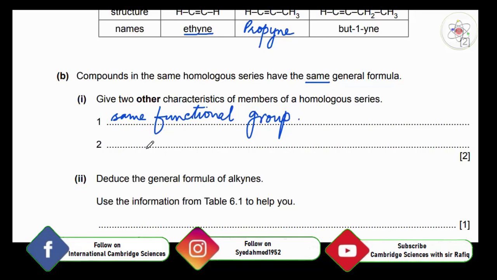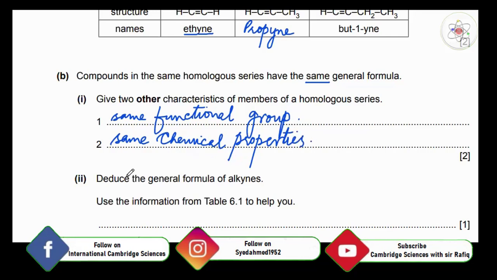Because the functional group describes the chemical property of an organic compound, obviously they all have the same chemical properties since they have the same functional group, right?